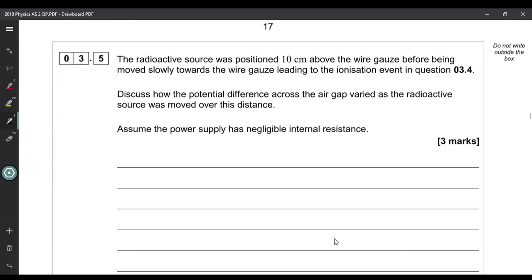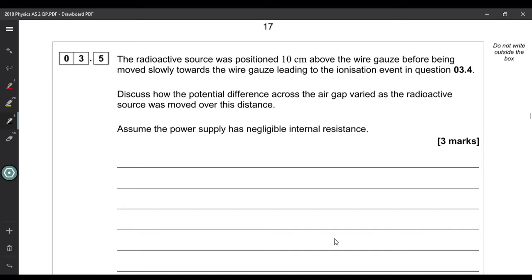Now this is a question a lot of students struggled with, and only 10.7% of students actually got any marks at all. And it seemed to be that because of the number of factors involved in the question, a lot of students found this too challenging.